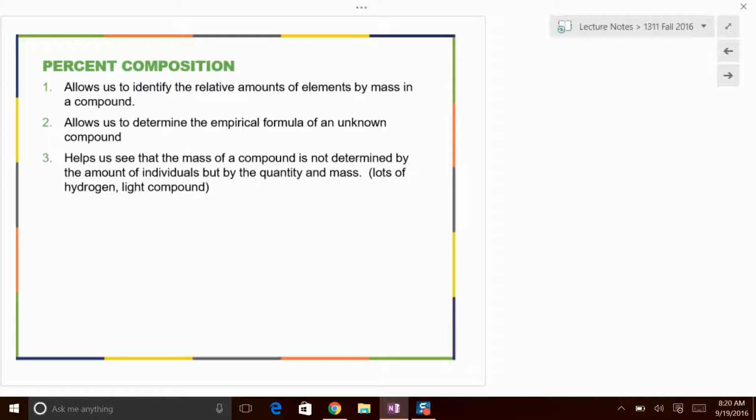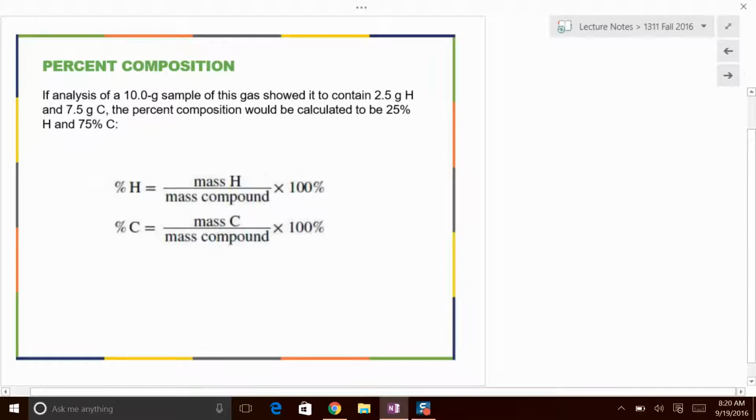It might seem like a really big molecule, but because there's tons of hydrogens in it, it's really light, because hydrogens don't weigh anything but 1. Whereas if you have a whole bunch of heavier elements like sulfur or chlorine, you might not think of it as a really big molecule, but it's really heavy because it has those heavier elements in it. And it kind of helps us see and perceive that.